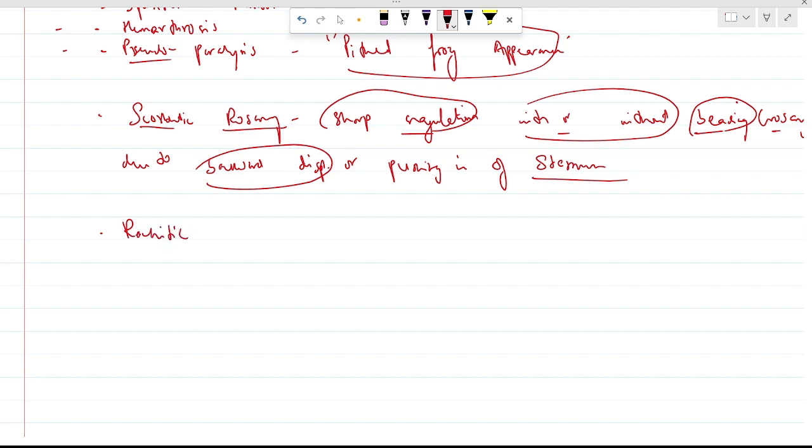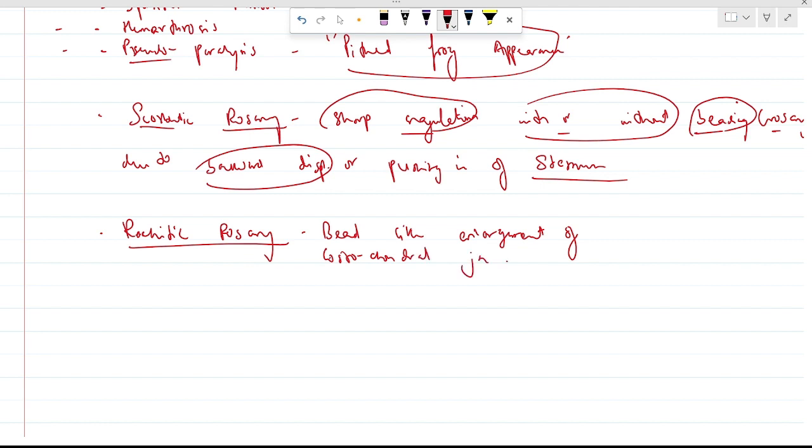Next type of rosary is rachitic rosary. Here there are bead like enlargements of, remember, the costochondral junction.